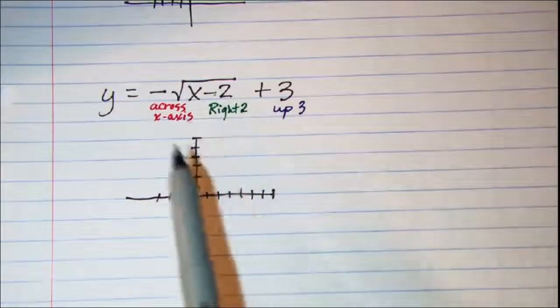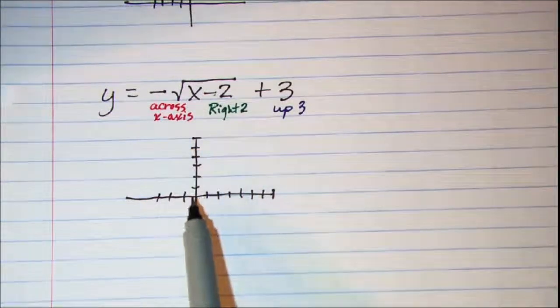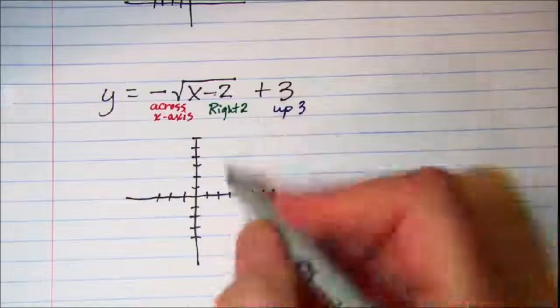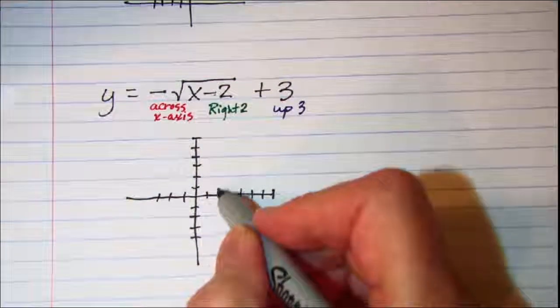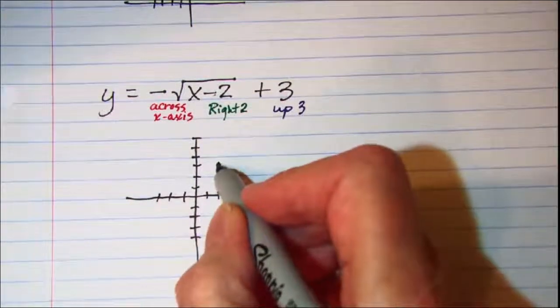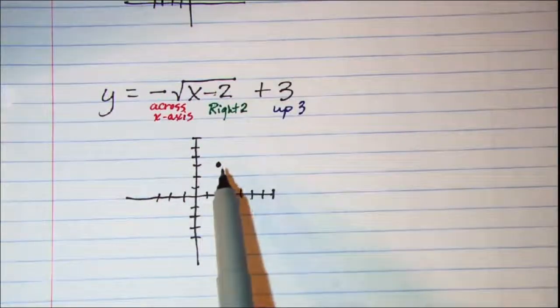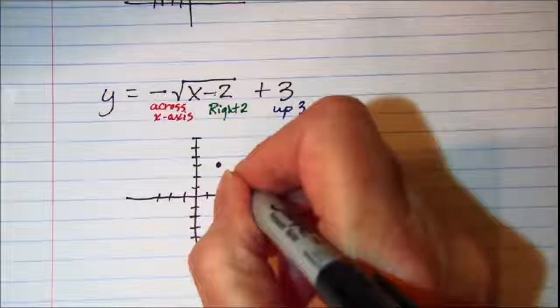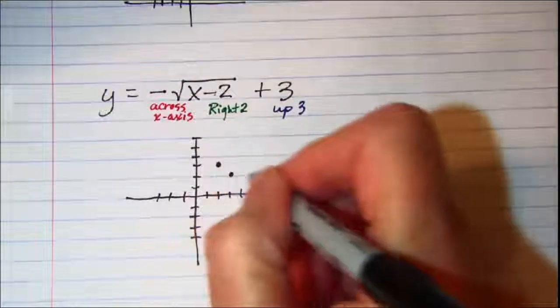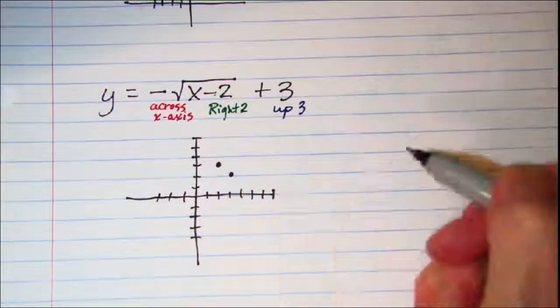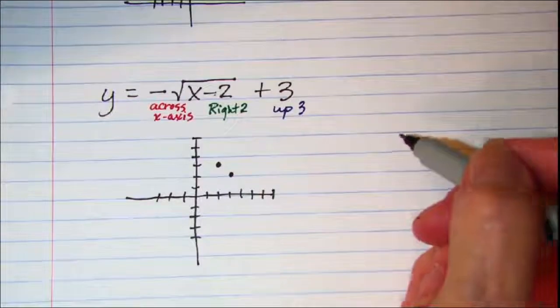Now I'm going to take that initial point that's usually at the origin. Then if I move it right 2 and up 3, that'll put my initial point for the square root graph right there. And then this point, because it's going to be heading down since I reflected across the x-axis.